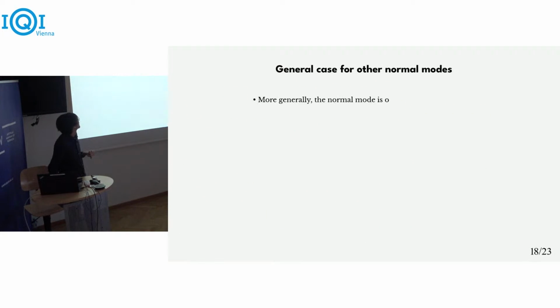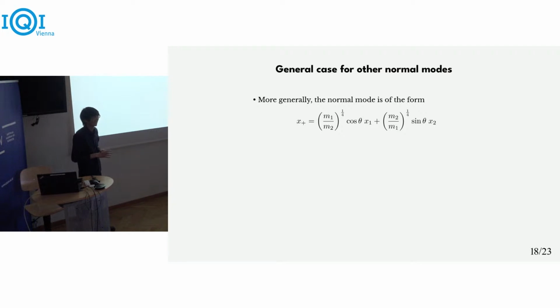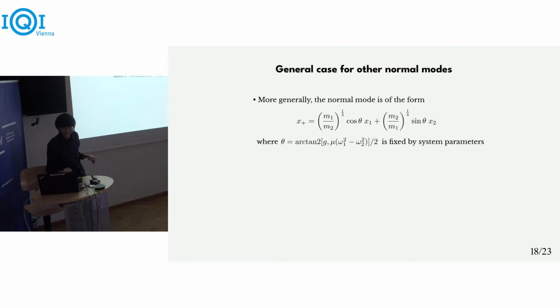But in general, if you have coupled harmonic oscillators, more generally the normal mode will be of this form, right? Where it is some cosine theta and sine theta, where theta is fixed by the system parameters. And so if you look at the annihilation operators of the two modes, then theta are exactly the kind of beam splitting angles that you need to turn it into the normal mode.